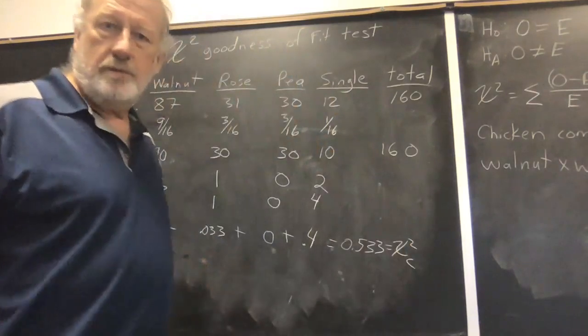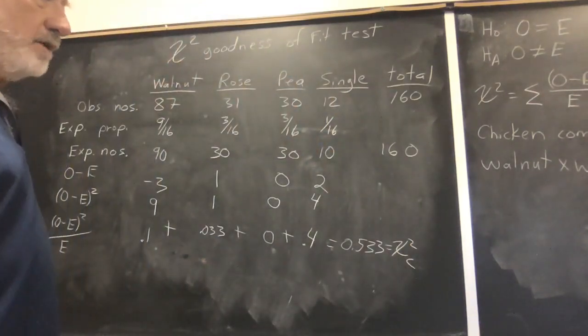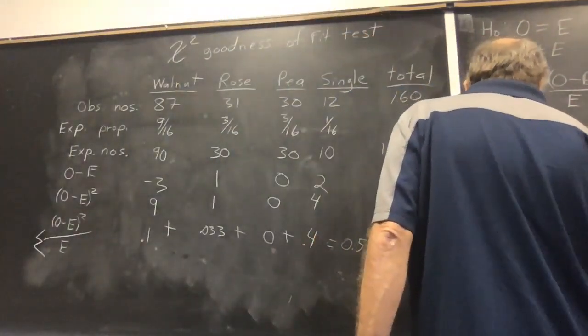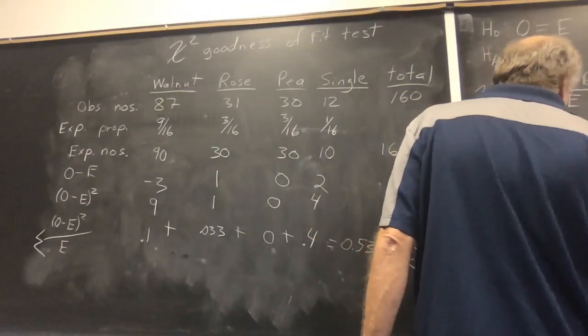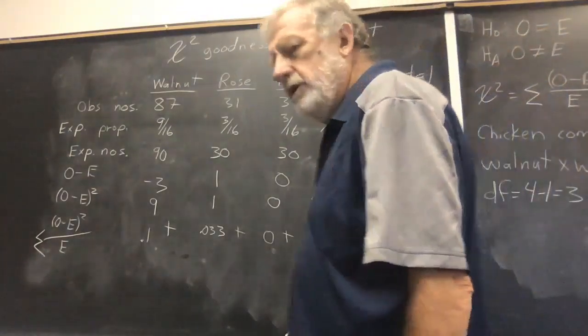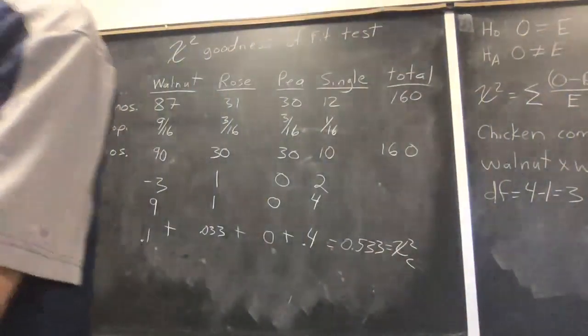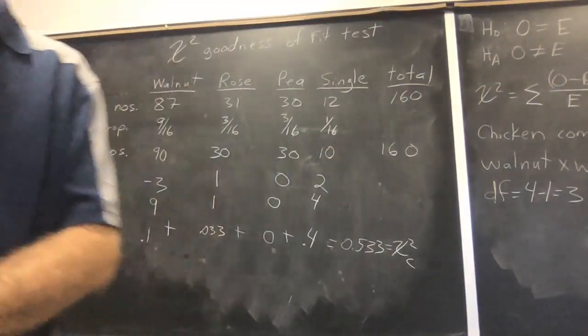So that's our chi-square calculated value. Now we compare it to the value in the table. This time, degrees of freedom is going to be different: 4 phenotypes minus 1 equals 3. So now we go down to the third row in the table on page 68 of our textbook, and that is 7.815.